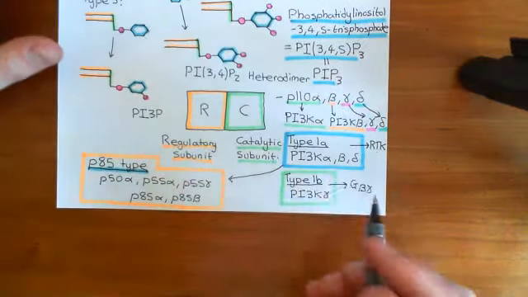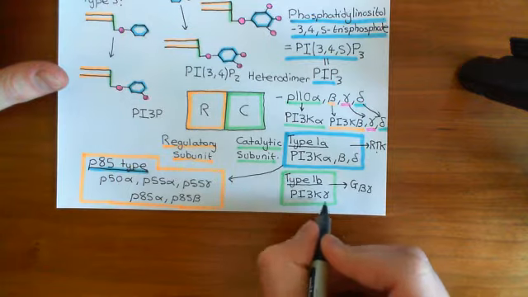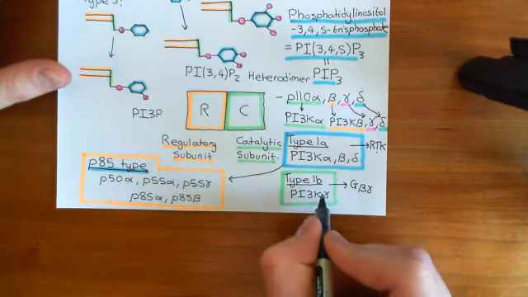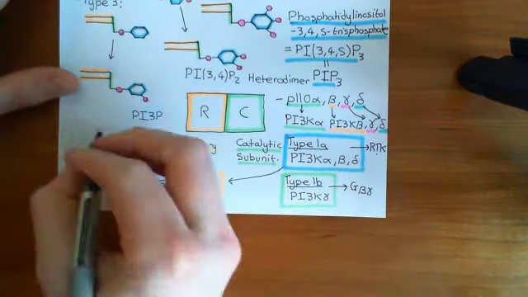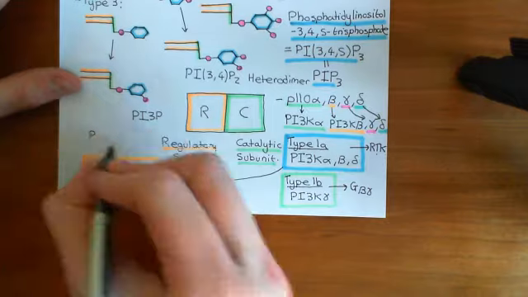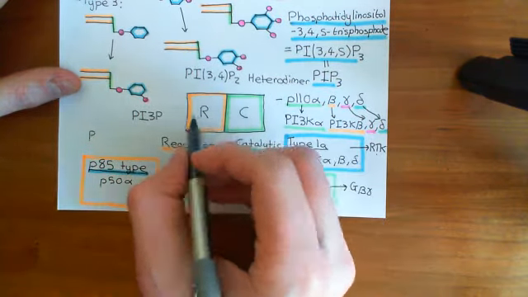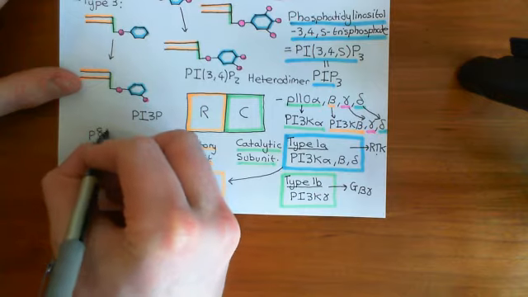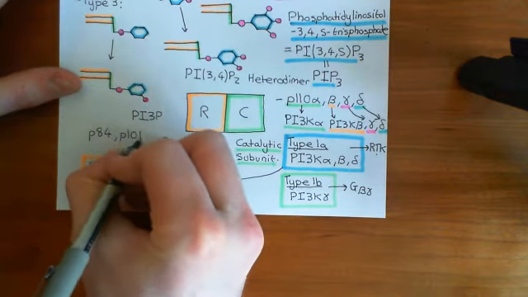Meanwhile, just to complete the story, we're not going to study the type 1b PI3 kinase enzymes any further, but I would just like to complete the story of what the regulatory subunits for those are. So there are 2 different regulatory subunits that the P110 gamma catalytic subunit can associate with, and these are P84 and also P101.